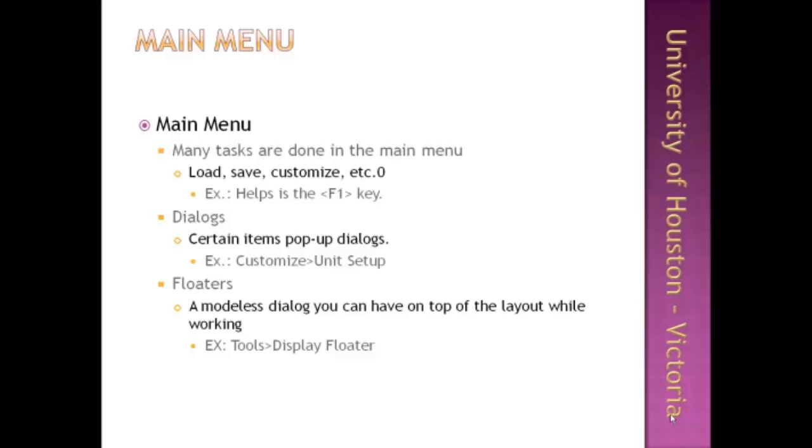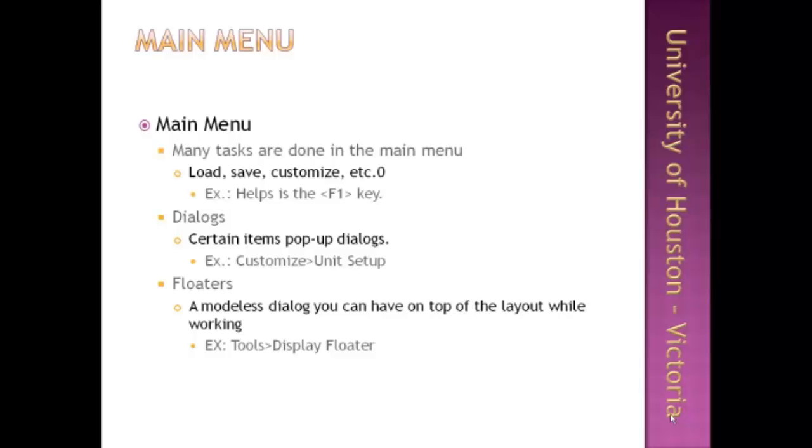When you select certain items on the main menu, a pop-up window may appear that is basically a rectangular object, and it contains several options that you can interact with the program, and this is called a dialog box, or simply a dialog. For example, if you click on Customize and then you go on Unit Setup, which I will show you a little later, a dialog opens and it lets you work with different things.